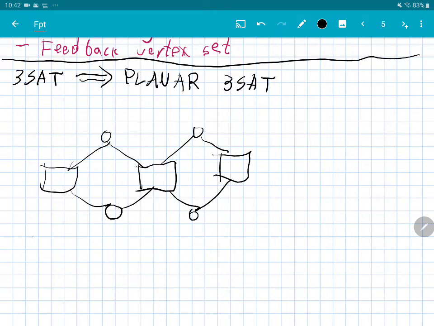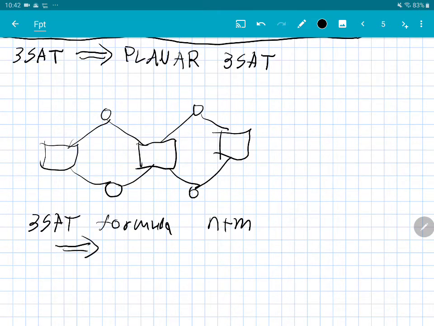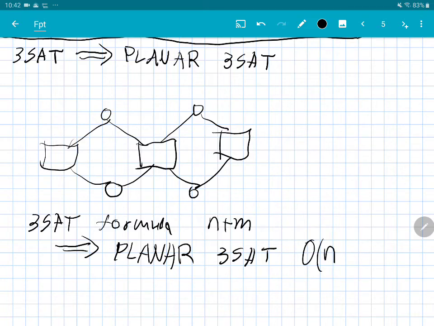So given a 3-SAT formula of size n plus m, n variables and m clauses, you can reduce it to planar 3-SAT, where the resulting graph has size n plus m squared, right? So you get a quadratic blow-up, right? So the question, of course, is what can we say in this case?